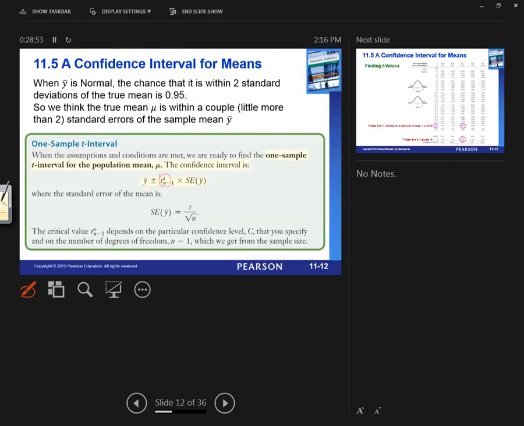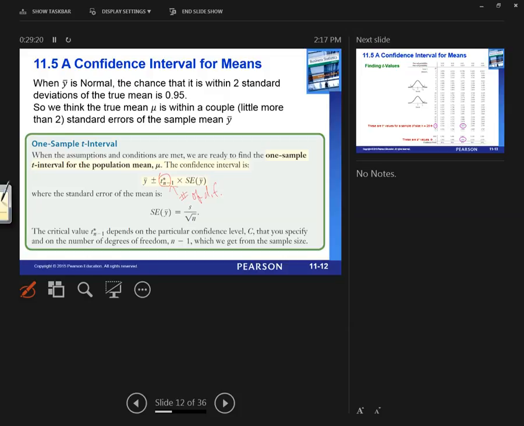Here we go, my T star. The n minus 1, this little subscript, tells me the number of degrees of freedom. So we're going to get a T star with n minus 1 degrees of freedom, and then multiply that by the standard error, which is s over the square root of n.